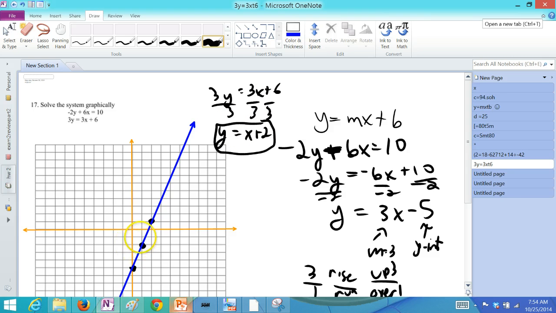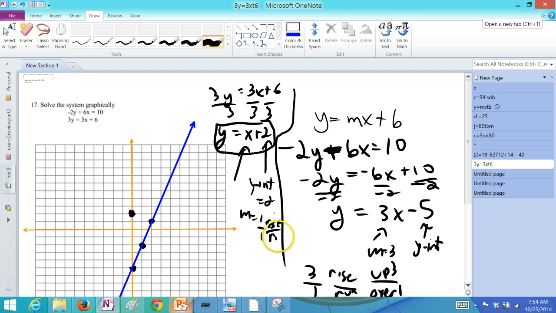So this line hits at 2 with a y-intercept, and then has a slope of 1. But that's 1 over 1, so you rise 1 and you run 1. Up 1 over 1, up 1 over 1, up 1 over 1, up 1 over 1.